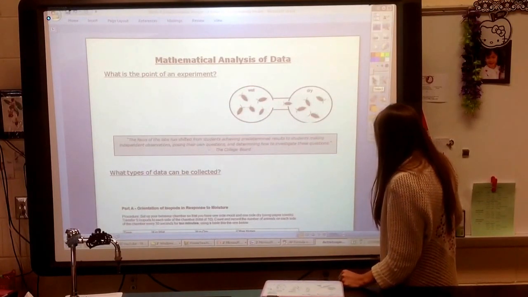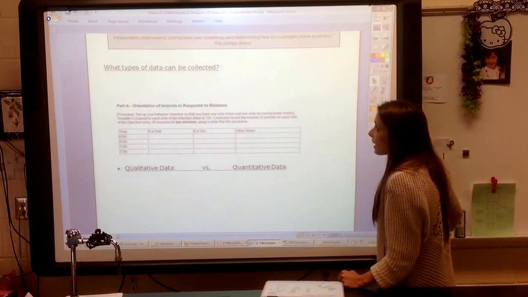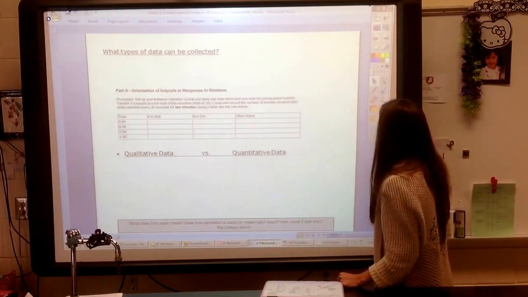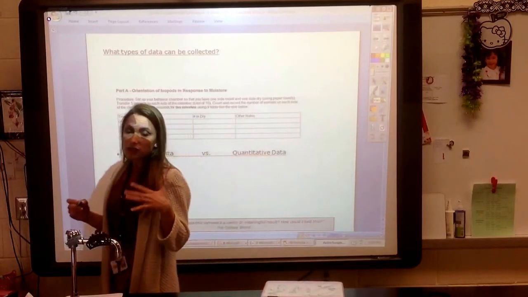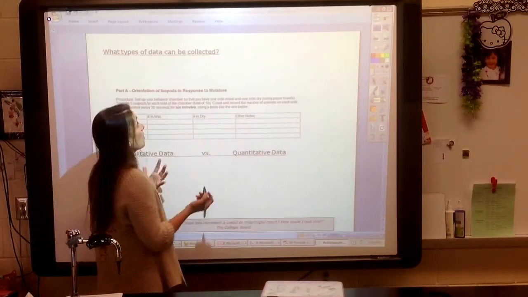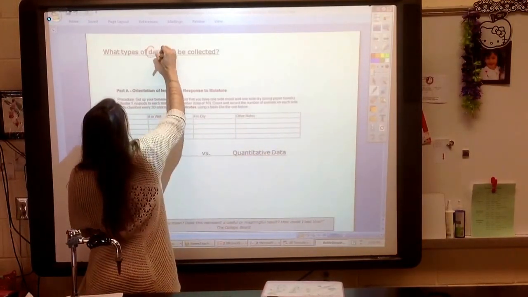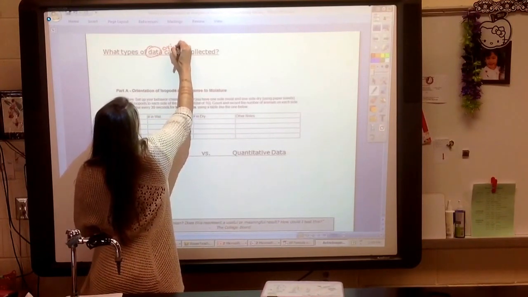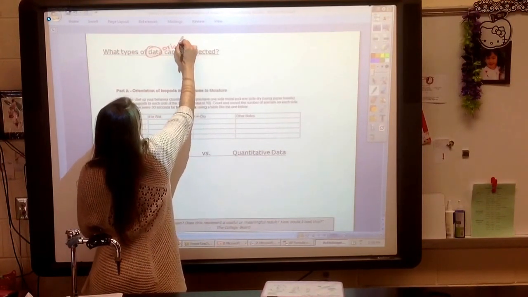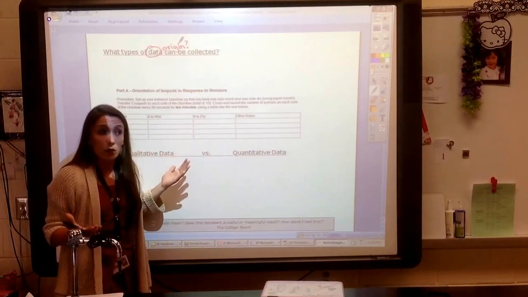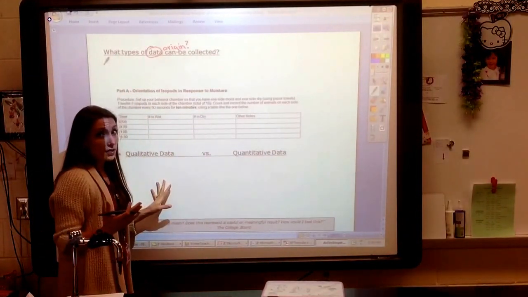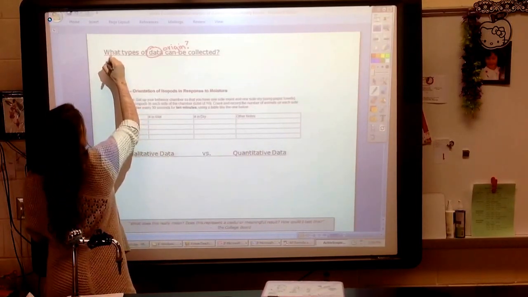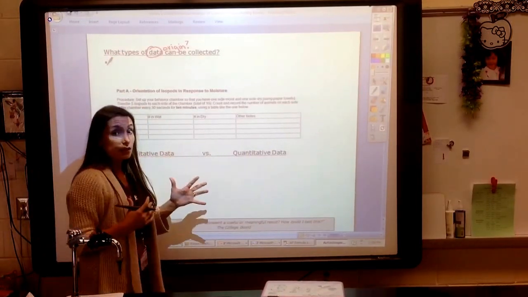So next we need to look at what types of data can be collected. When we look at data, we really want to understand where this data comes from. What is the origin of the data might be the first thing. What data do we mean? So let's go back a little bit to the scientific method, and remember that you are going to be varying the conditions.